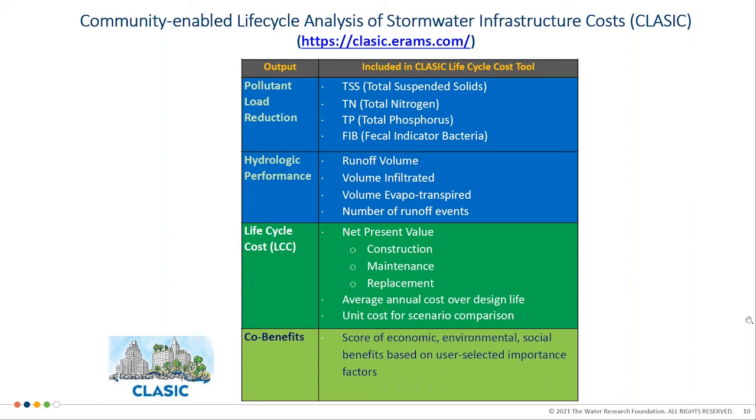For the life cycle cost module, which is the core of the tool, it can generate output for net present value, average annual cost over design life, and unit cost. For triple bottom line benefits, the CLASIC tool can generate a score of the economic, environmental, and social benefits based on user-selected importance factors. Next slide, please.